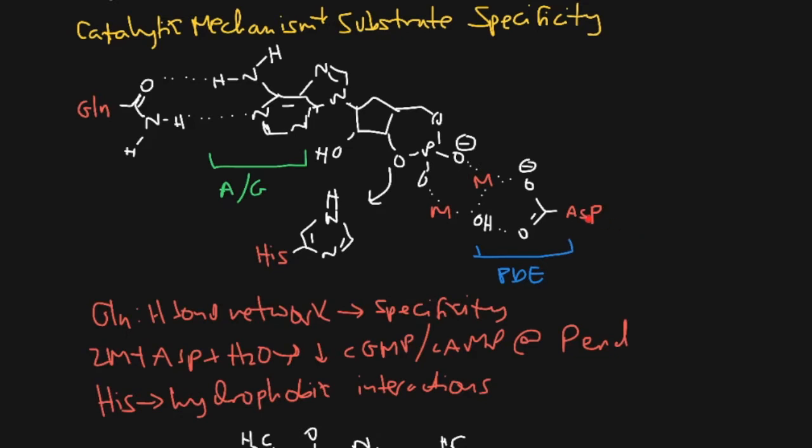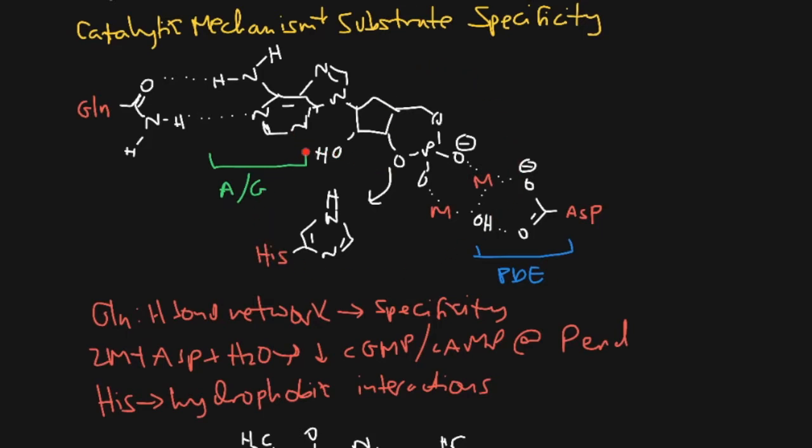The PDE enzyme catalyzes the hydrolysis of cyclic GMP or cyclic AMP by two metals, and aspartate, and water, which breaks down cyclic GMP or cyclic AMP at the cyclic phosphate bond.